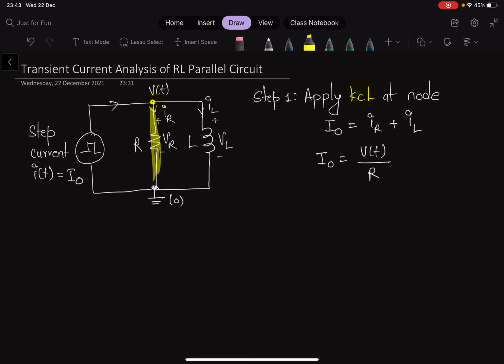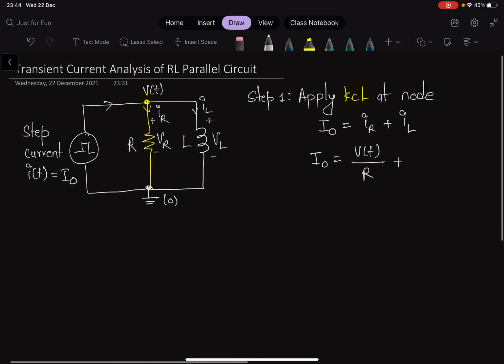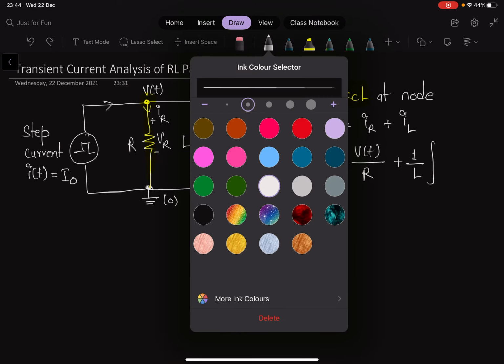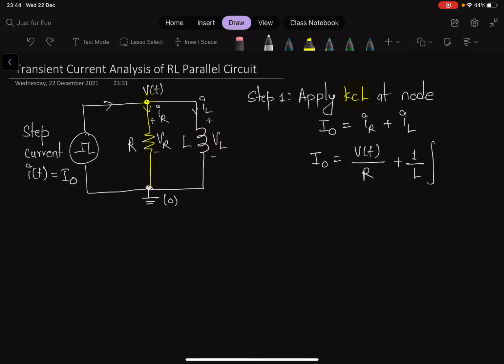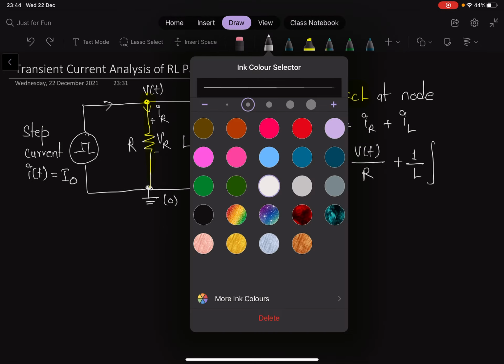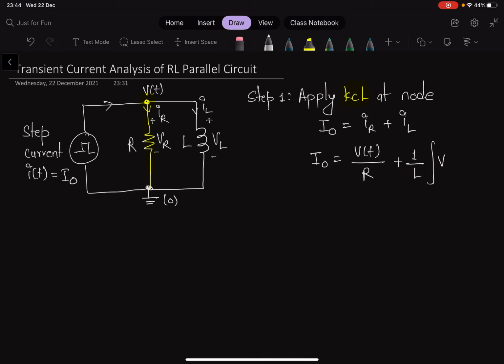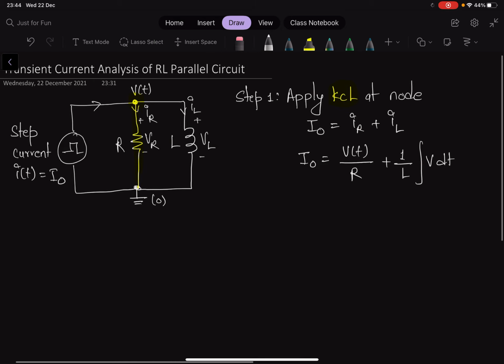And what about IL? IL has an interesting formula: 1 over L integration of VL dt, but we don't write VL here because our node voltage is the same as the resistor voltage, so we write V here, V dt.